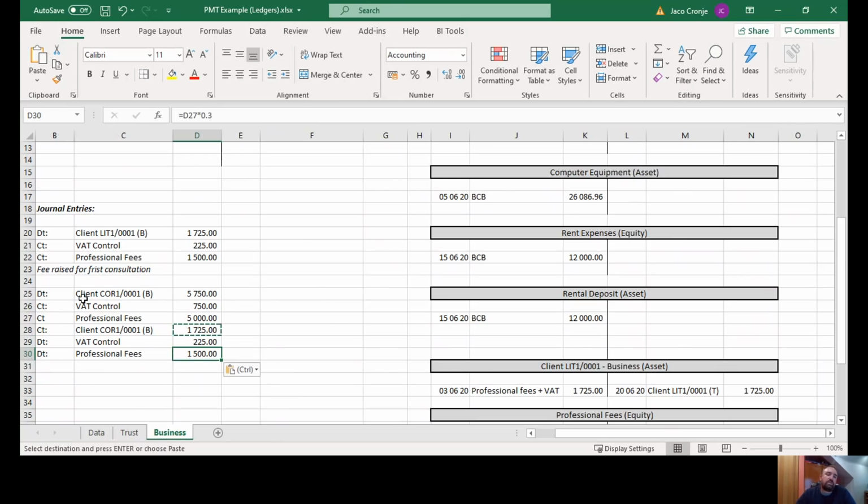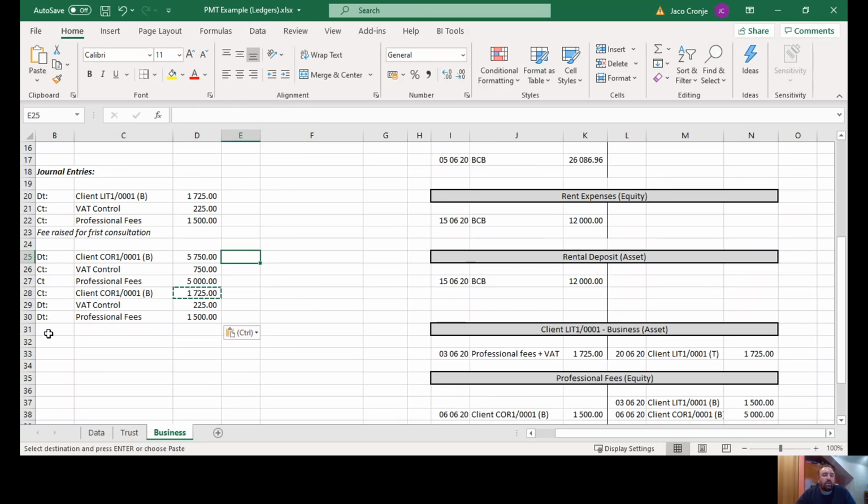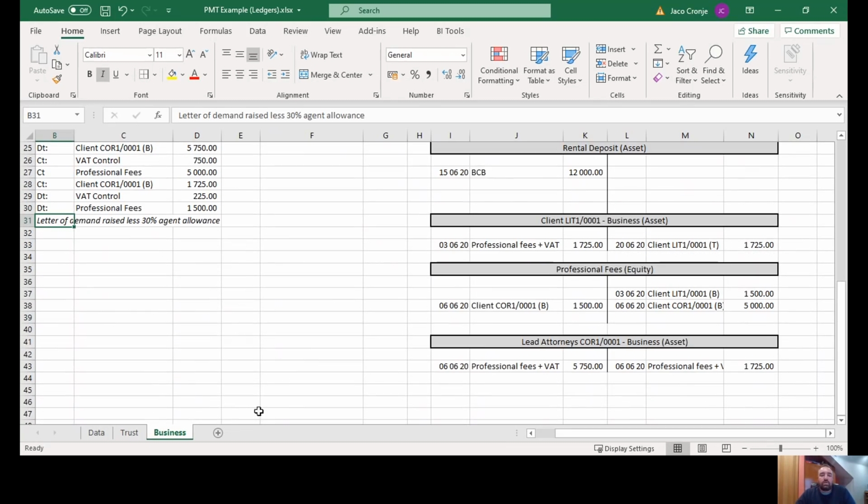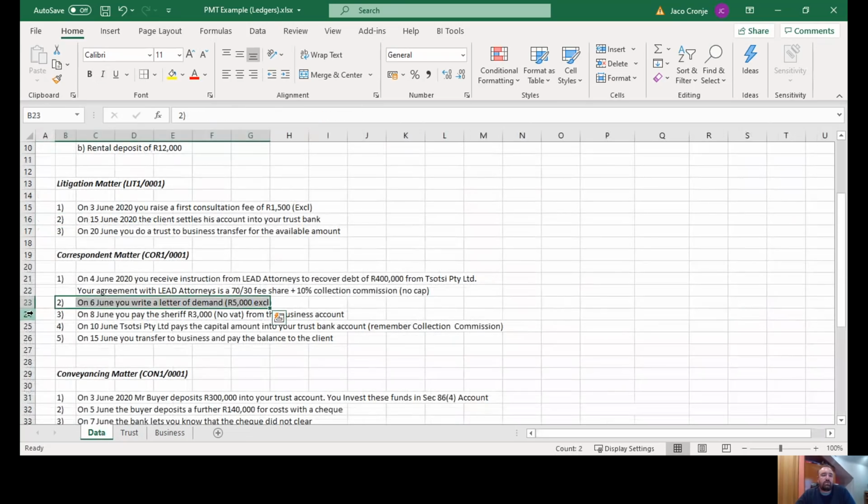See, so that's fine because this is all one transaction. It's fine to do the whole thing in one journal. And then I can say letter of demand raised less 30% agent allowance. Okay, so now that transaction has completely been accounted for.